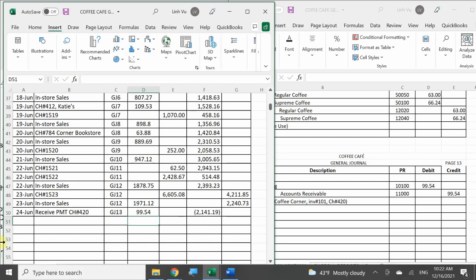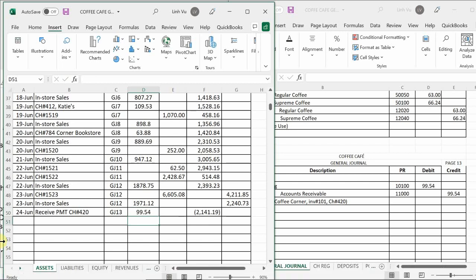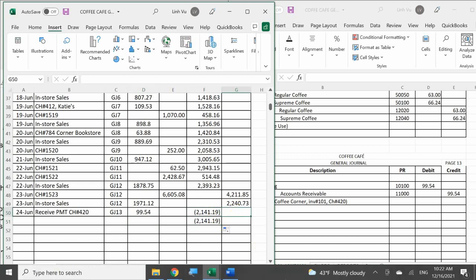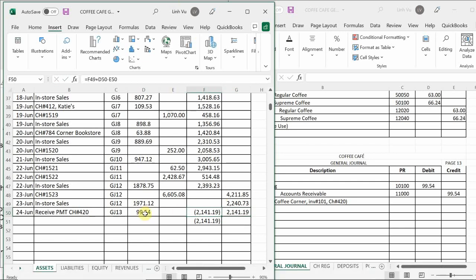So what's my account balance in my checking account? It's still negative, right? For 2141.19. So her $99 did nothing to my bank account.